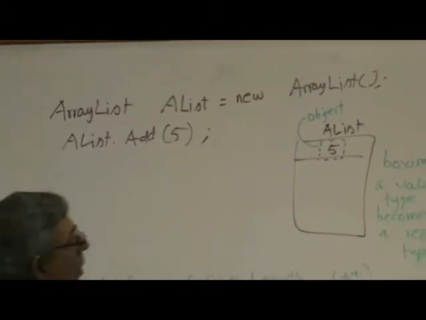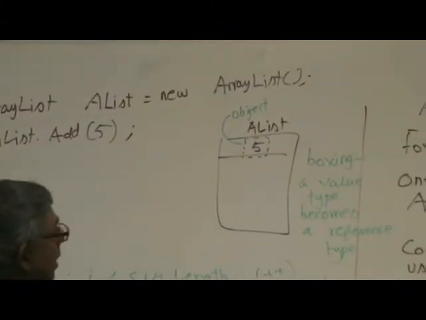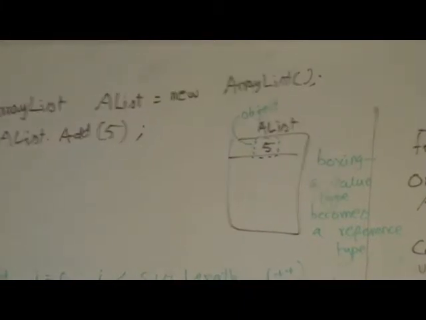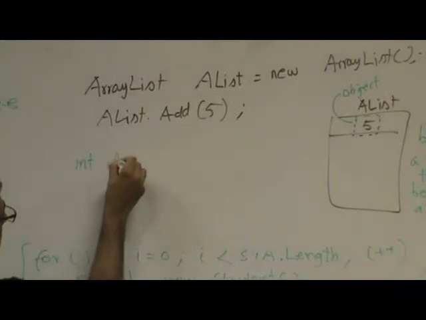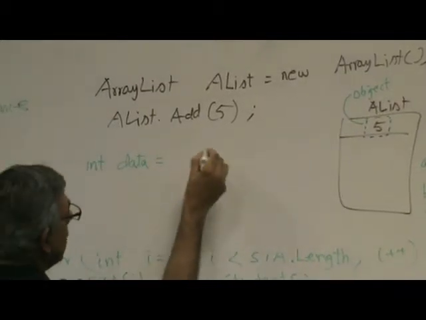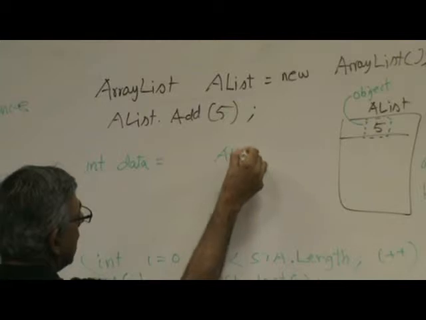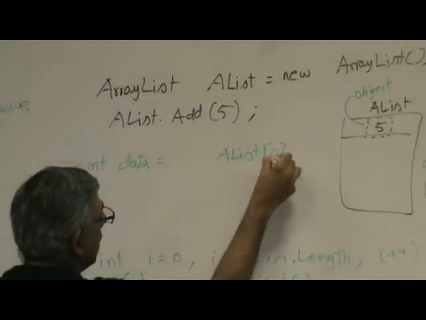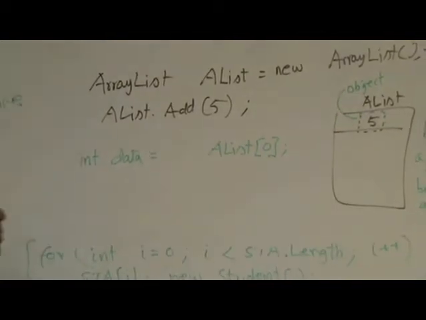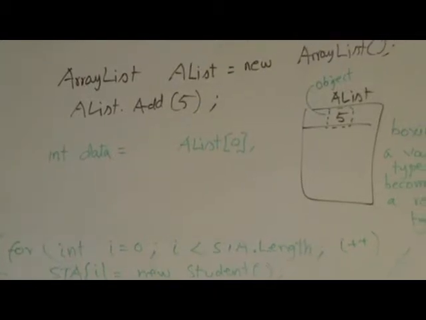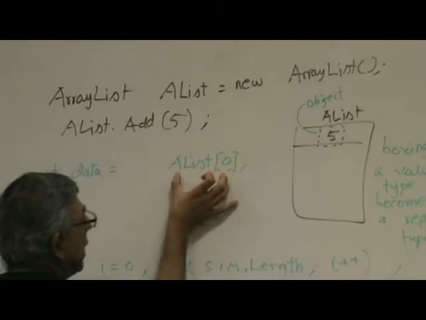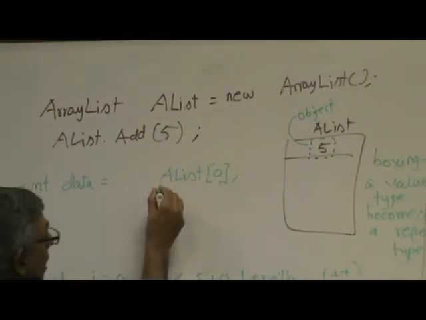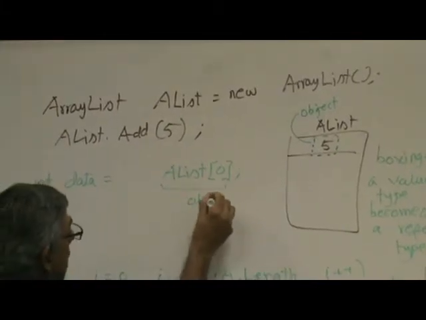But what if we wanted to read it back later on? What if later on I wanted to say int data equal to, let's say, a list of 0, so the very first element I wanted to read back? If I read it back, what will it be read as? As an object, right? So this will be read as an object.